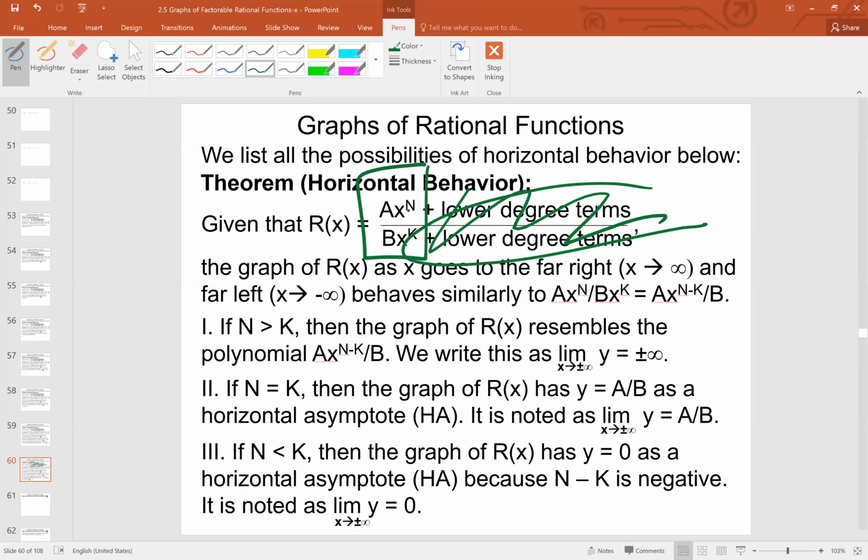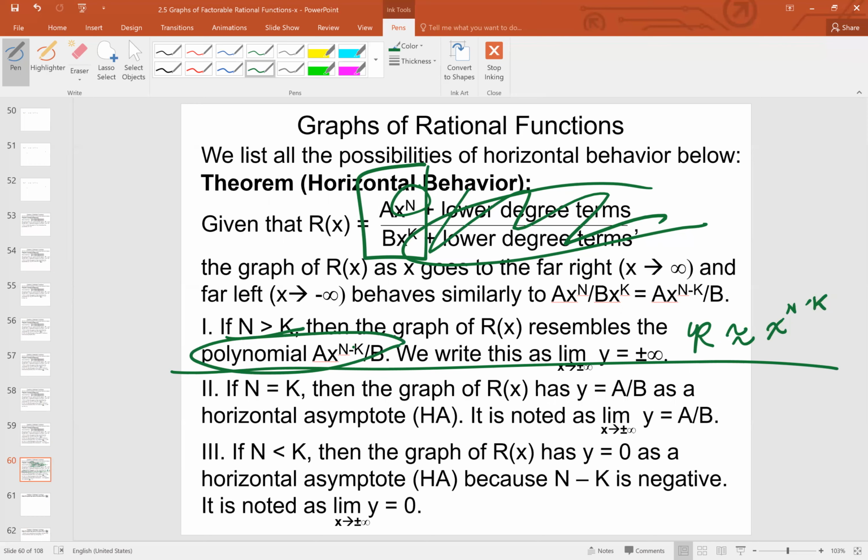If the power on top is bigger, then after I cancel, I will get y roughly equal to x to some power, because of the m minus k power. Basically it resembles a polynomial, and we know what polynomials look like. One goes up, one goes down, like that.